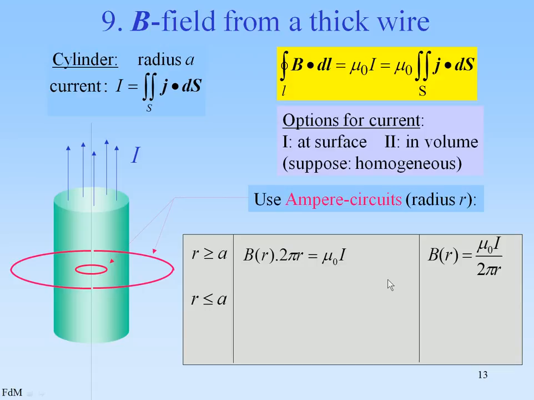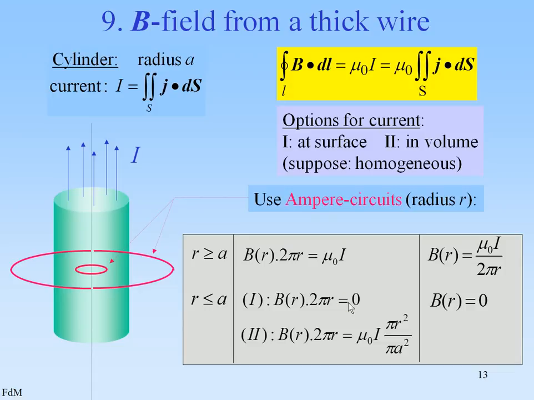But inside, in the first case, where the current is at the surface, B(r) will be 0, but in case 2, when it is distributed over the volume, then B(r) times 2 pi r is mu naught times the amount of current that is passing through the small circular path, and this means that B(r) is linearly proportional to r here.